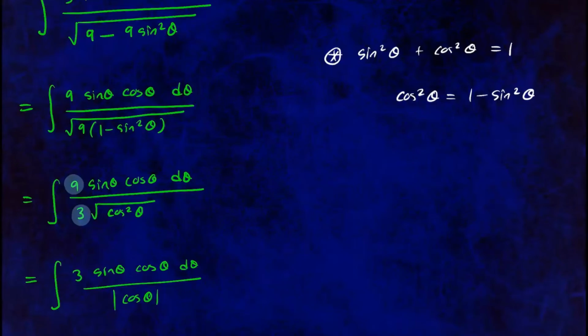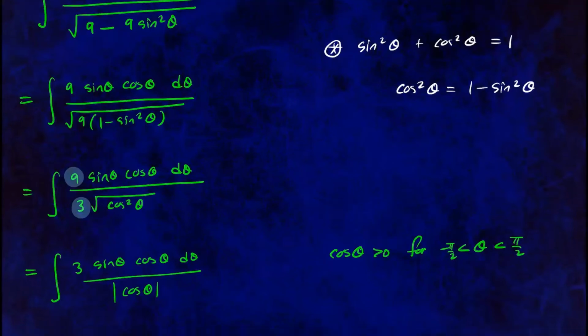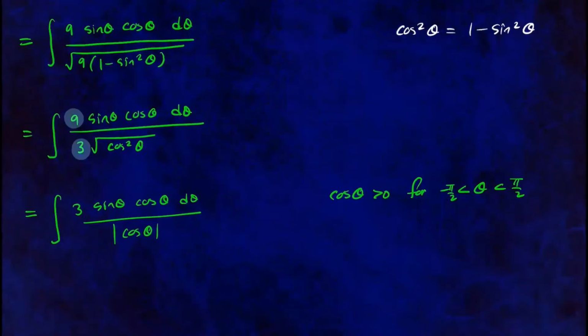Now, we're going to restrict theta so that cosine theta is positive for theta between negative pi over 2 and pi over 2. So keeping that boundary for theta, I can drop the absolute value, and now we can freely simplify this further.